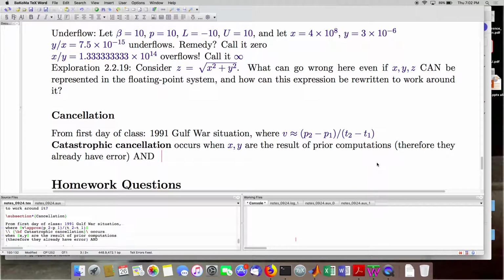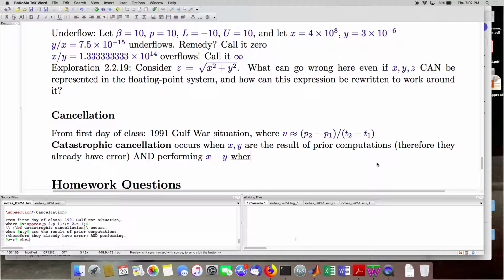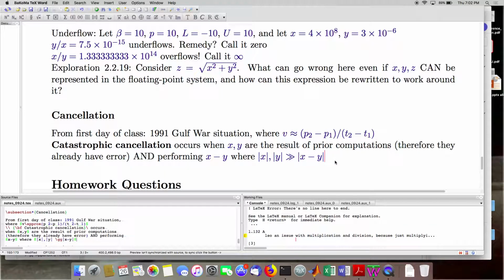And you're performing a subtraction, x minus y, where x and y themselves are much greater than the result of the subtraction. That's what the double greater-than sign means. In other words, you're subtracting two numbers that are very close together. That's what leads to cancellation error.